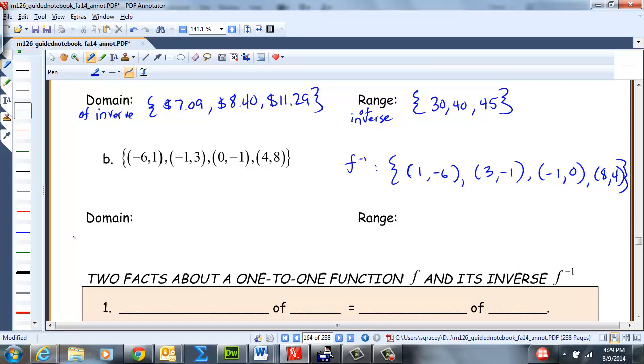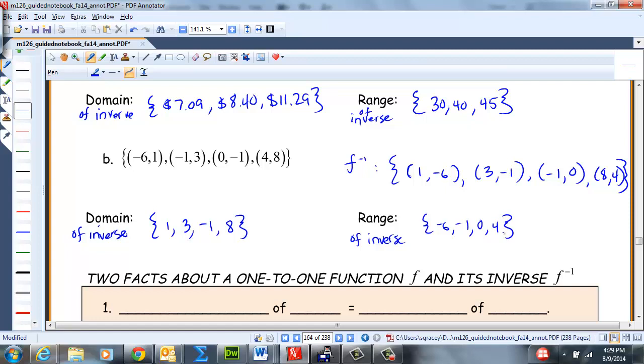So the domain of the inverse is the set 1, 3, -1, and 8. And the range of the inverse is -6, -1, 0, and 4.